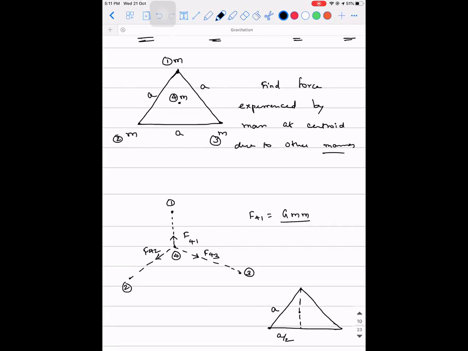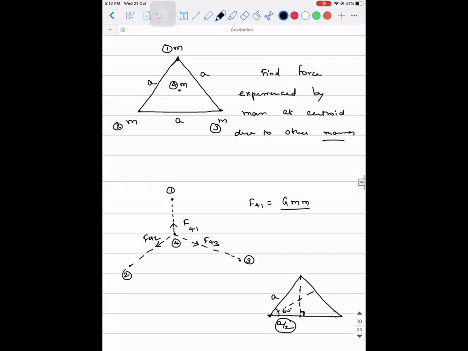So the point of intersection of medians. For an equilateral triangle, the medians and the perpendicular bisectors are the same. So median means something which divides the base into two equal parts. I've written it also. So we know that this angle is going to be 60 degrees.